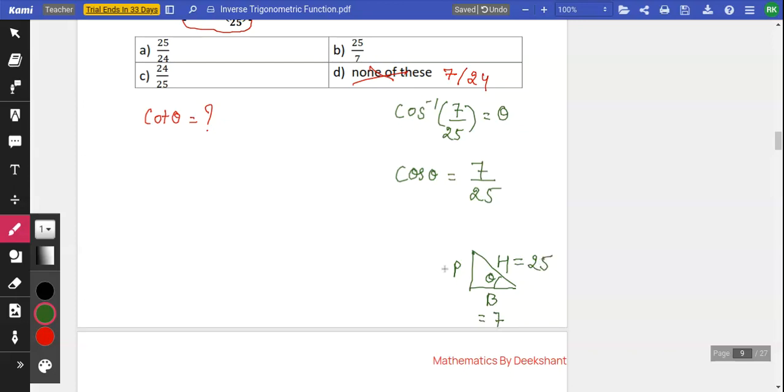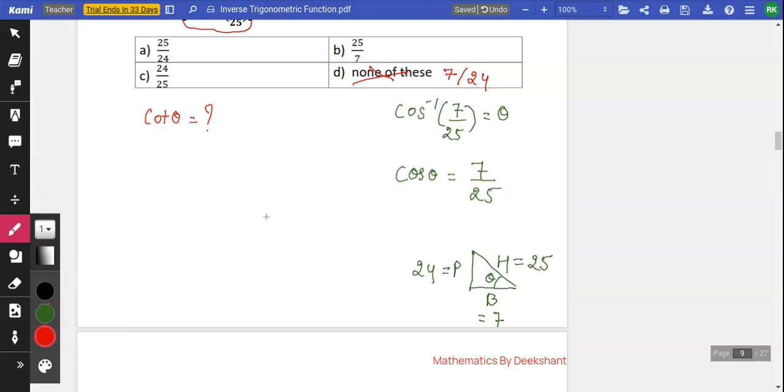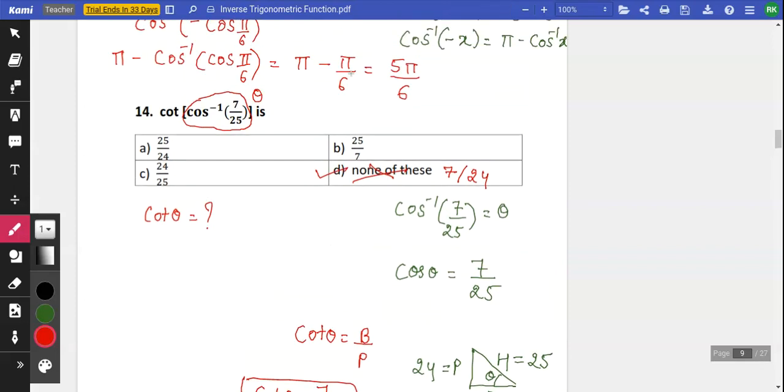According to Pythagoras theorem, perpendicular is 24. Using this triangle, find the value of cot theta. Cot theta is basically base upon perpendicular. So cot theta is 7 upon 24. Correct answer is option D.